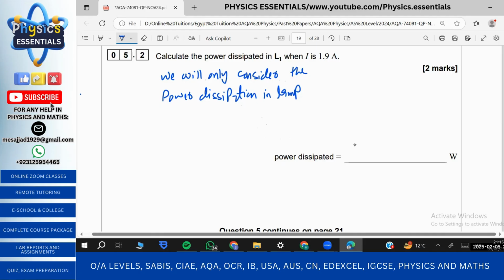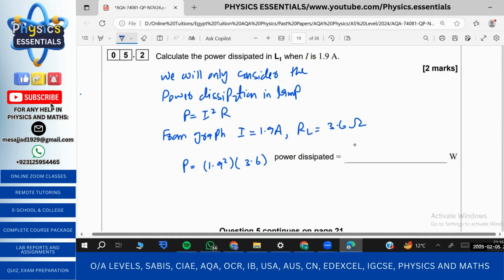So for that, what we need is I and R. And from the graph, simple as this, I equals 1.9A, and for that, RL equals 3.6 ohms. Okay, so P equals 1.9 squared times 3.6. So power dissipation is going to be 13 watts.